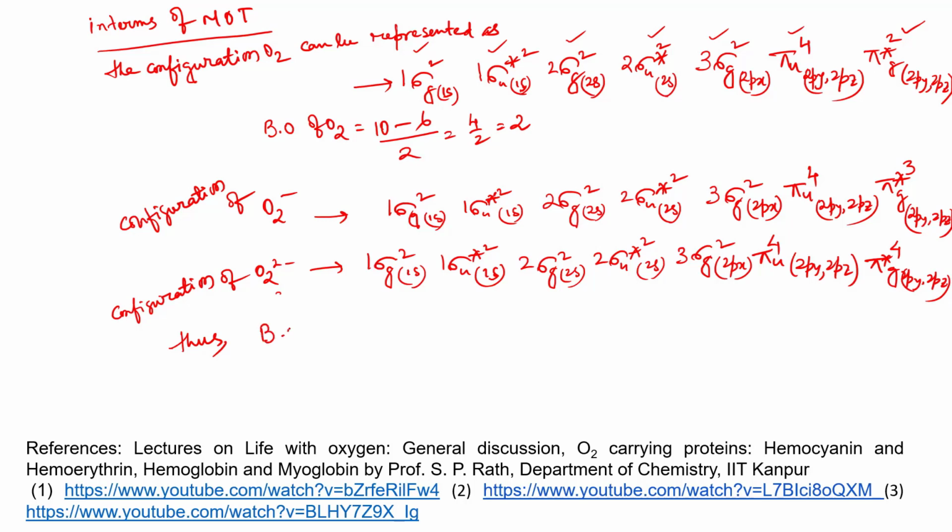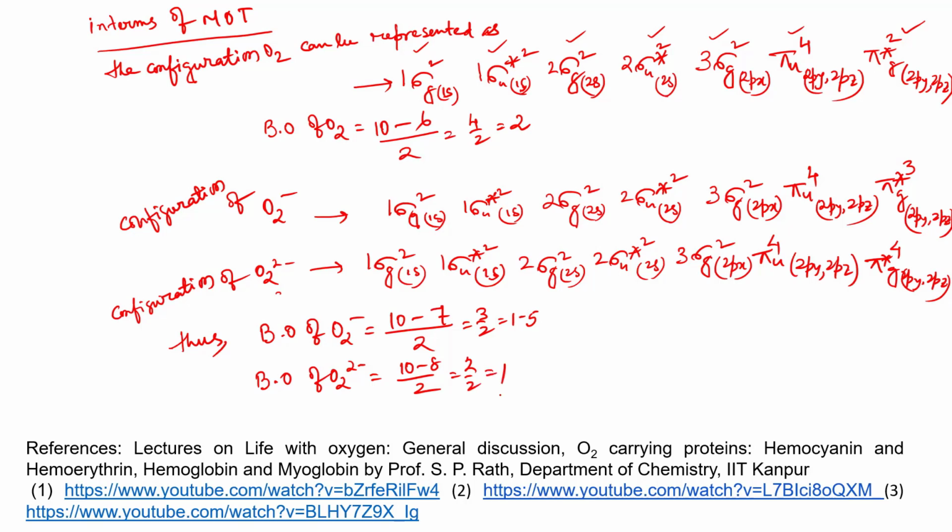Thus, the bond order of O2 minus is 10 minus 7, that is one more electron in the antibonding orbital, so 3 by 2, that is 1.5, and the bond order of O2 2 minus is 10 minus 8 by 2, that is 2 by 2, that is 1. Now in increasing order of bond order, first O2 2 minus, then O2 minus, then O2.